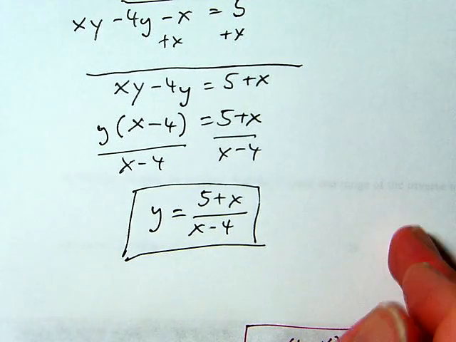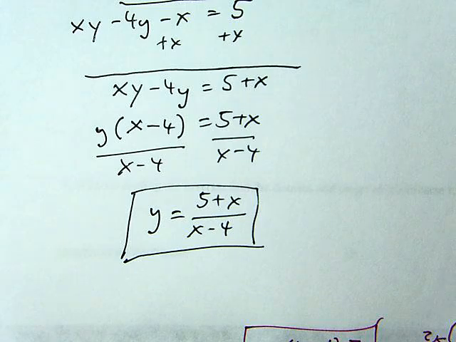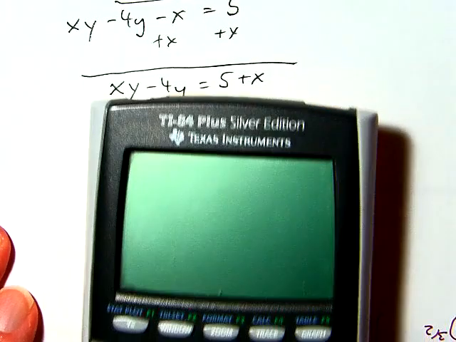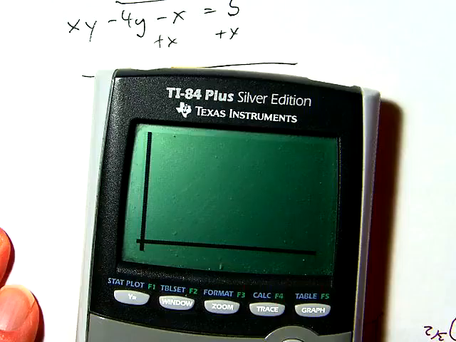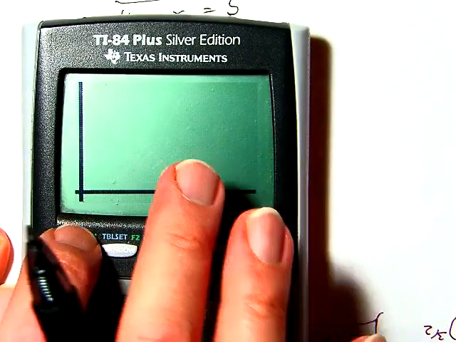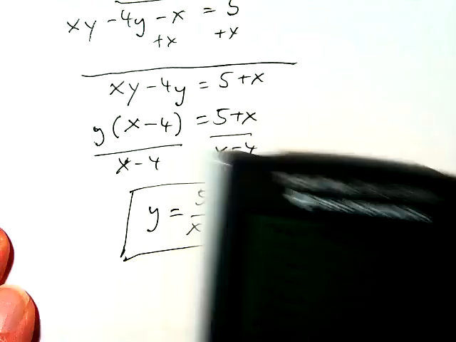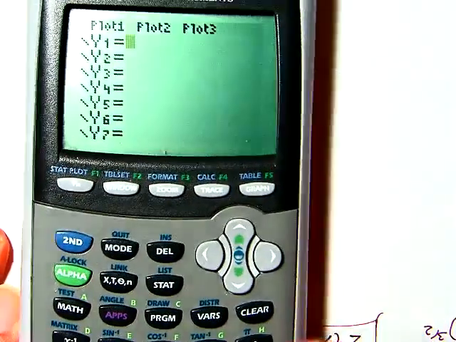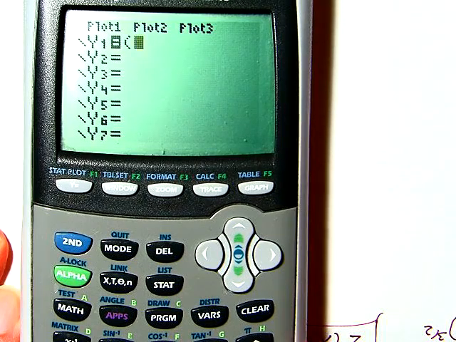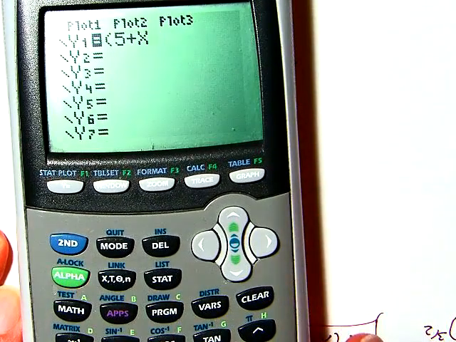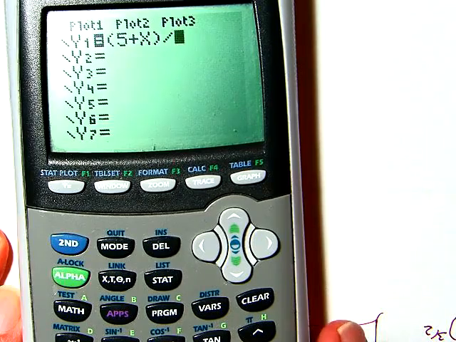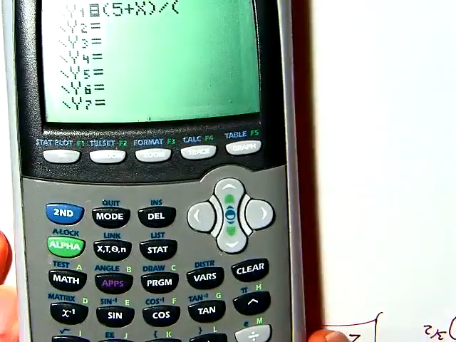We needed to show graphically that the inverse is a function. So that's just a matter of punching it into our calculator. Let's turn this on, go into our y equals mode, and then put (5 plus x). Remember, I want to use my parentheses here. (5 plus x) divided by, and I'll use my parentheses again, (x minus 4).